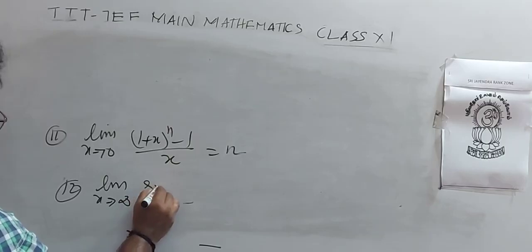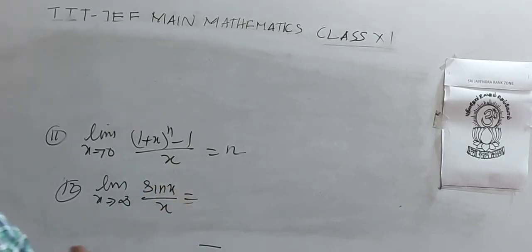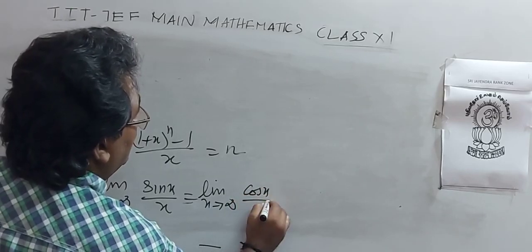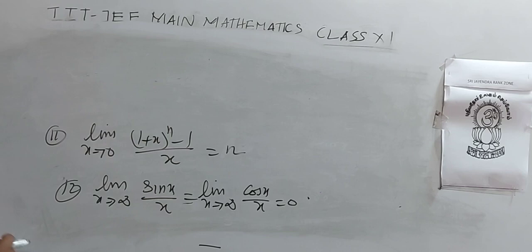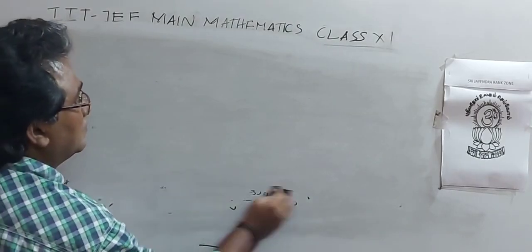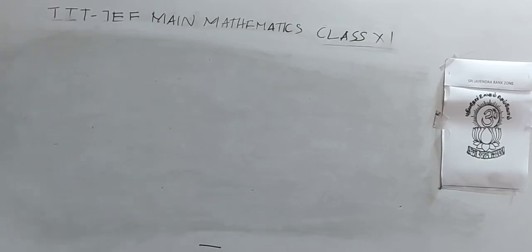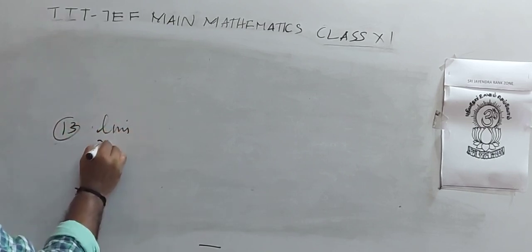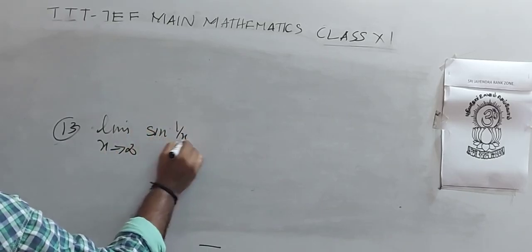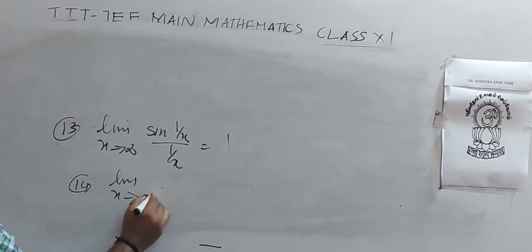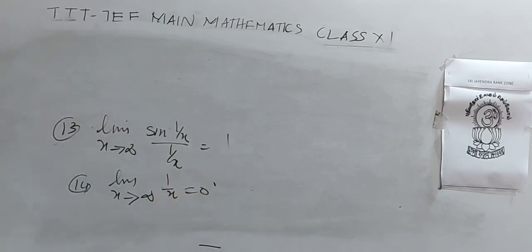Limit x tends to infinity of sin x by x, limit x tends to infinity of cos x by x equals 0. Limit x tends to infinity of 1 by x equals 0.